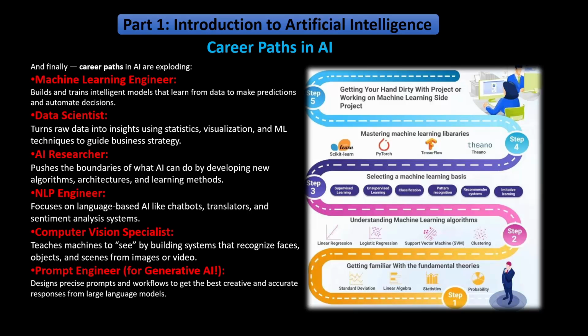You must know how to extract information and insights from data as a data scientist. So if you become a machine learning engineer, you automatically become a data scientist, NLP engineer, computer vision specialist, and prompt engineer. But yes, you can separately select another role, like data scientist or NLP engineer. If you want to work with textual and audio data, you can become an NLP engineer. Or if you want to deal with images or video data, then you can become a computer vision specialist.